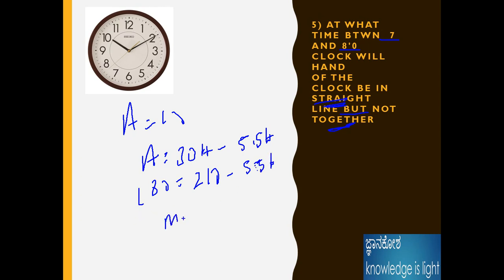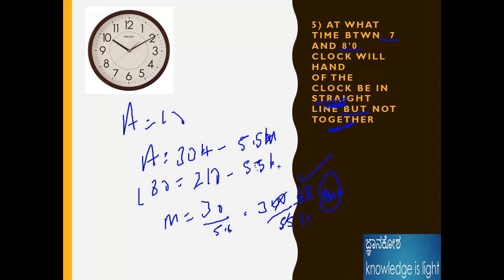Therefore, M is equal to, don't confuse, 210 minus 180 is 30, divided by 5.5. I will write it as 300 divided by 55, that is 60 by 11. This minute should be the coincident thing between these angles.